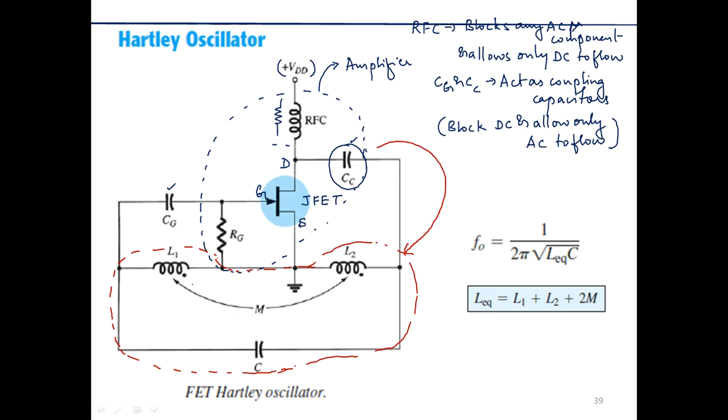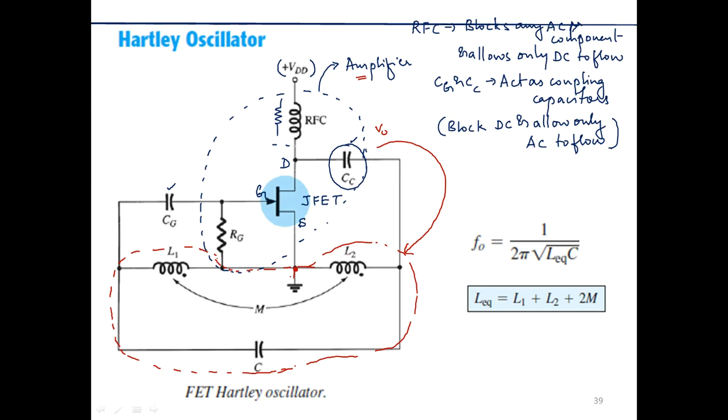Fine. Now let us just focus on the feedback network. We know that the amplifier has done its job. It has just amplified whatever input signal has appeared at the gate side, and we have an output signal V0. So this particular output signal now has to be coupled to the feedback network. So when it is coupled, we are using L1 and L2, and please understand this is a center tap here.